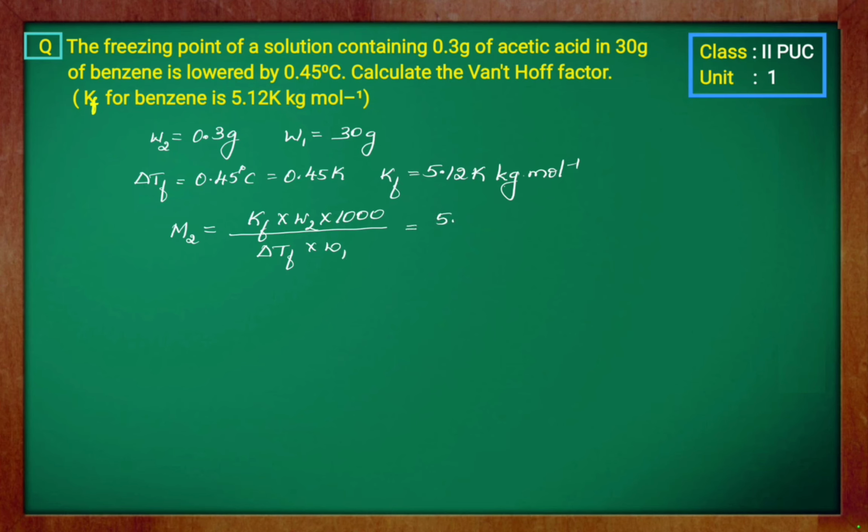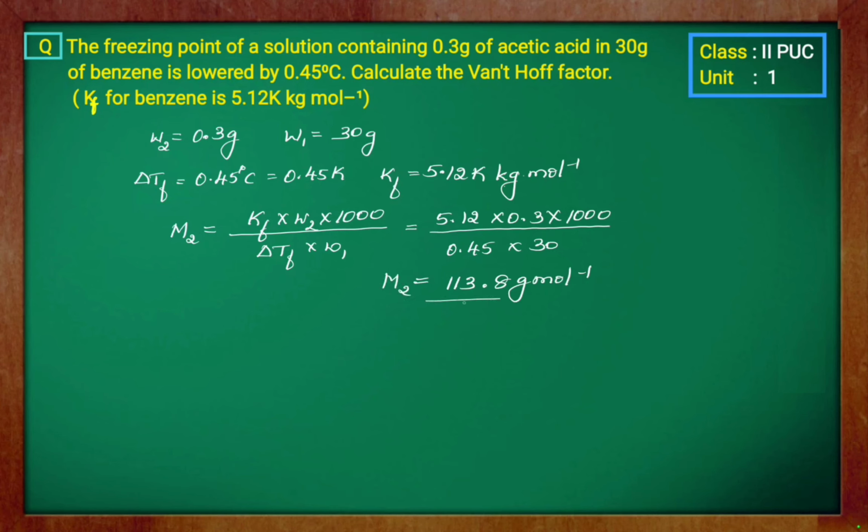Substituting, Kf is 5.12 into W2 is 0.3 into 1000 divided by delta TF, which is 0.45 Kelvin, into W1, which is 30. So after simplifying this, we find that molar mass of the solute is 113.8 gram per mole.